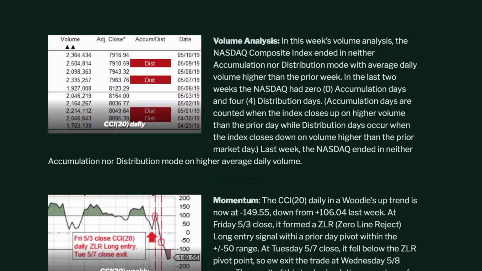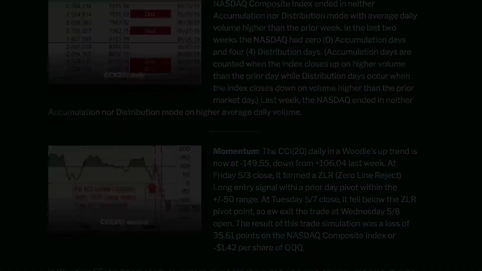Accumulation days are counted when the index closes up on higher volume than the prior market day, while distribution days occur when the index closes down on volume higher than the prior market day. Last week, the Nasdaq ended in neither accumulation nor distribution mode, on higher average daily volume.